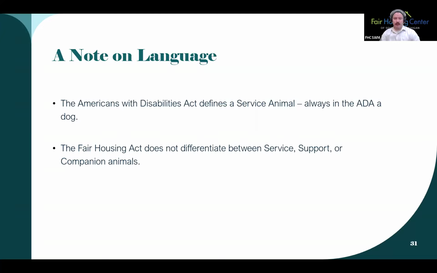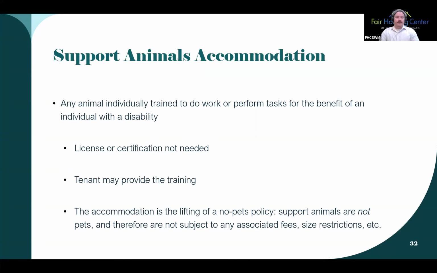ESAs, or emotional support animals, will often serve less apparent but no less important functions, such as reducing stress during an anxiety attack, distracting from or halting self-destructive behaviors, comforting during PTSD or otherwise anxiety episodes. That list also goes on. But that said, one of the most common reasonable accommodations that arises in fair housing is service, support, or companion animal related.